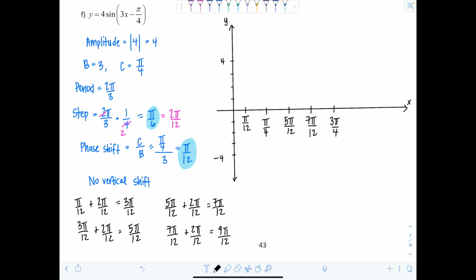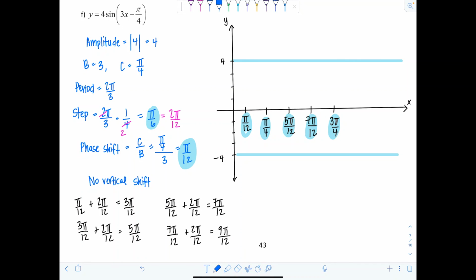All right, good. The graph is going to live between 4 and -4 if you want to mark that to help you. And this is sine. Okay, so sine starts in the middle. So here's your 5 key points. 1, 2, 3, 4, 5. Are you nervous? You want to check we did it right?